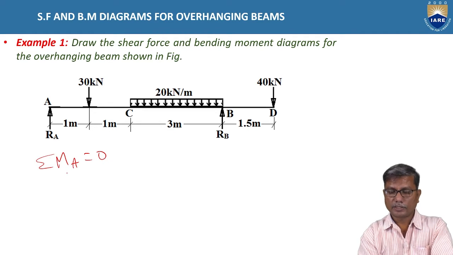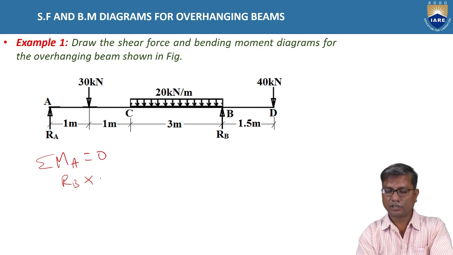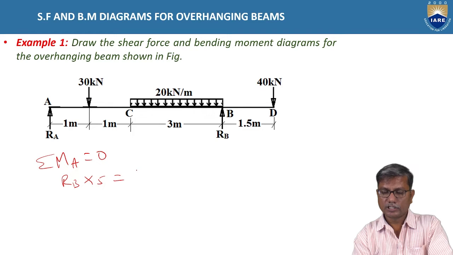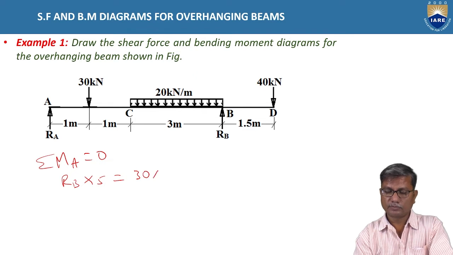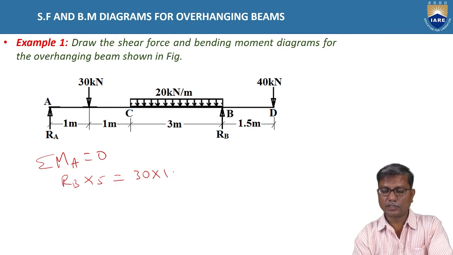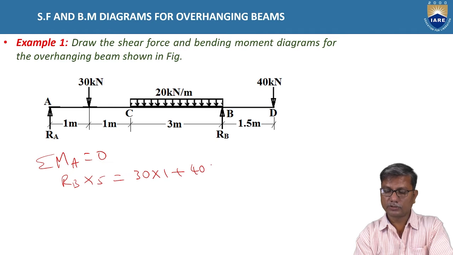Taking moments about A, we will have the moment due to RB anti-clockwise, which is RB into 5, and that is equal to the sum of clockwise moments, 30 into 1 plus 40 into 6.5 plus 20 into 3 into 3.5.